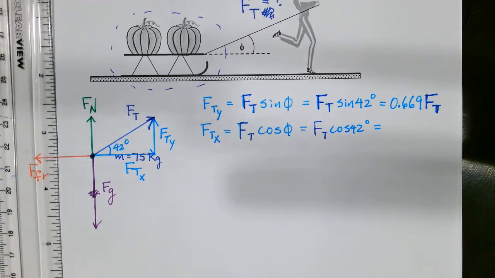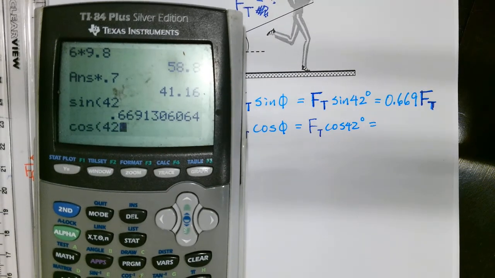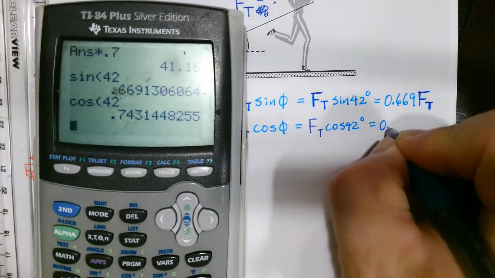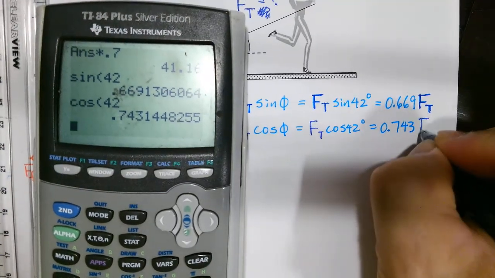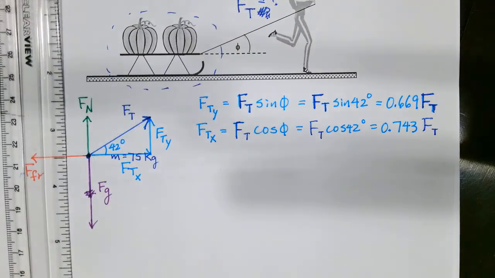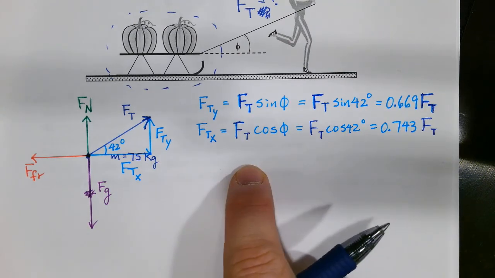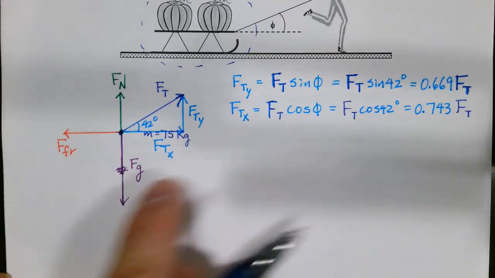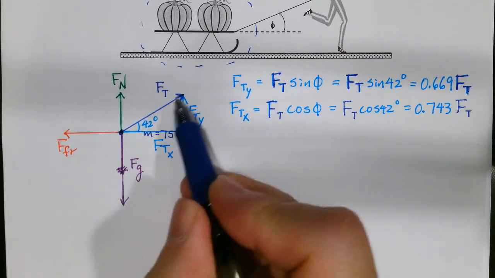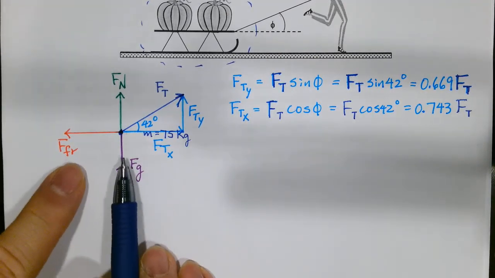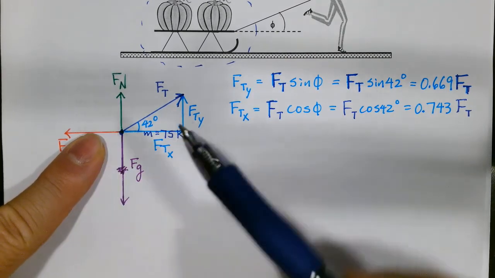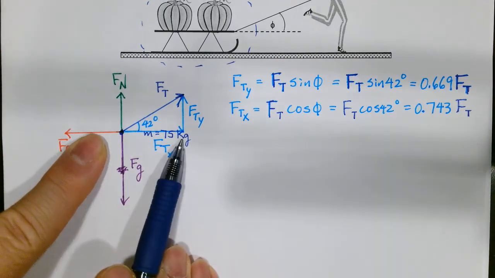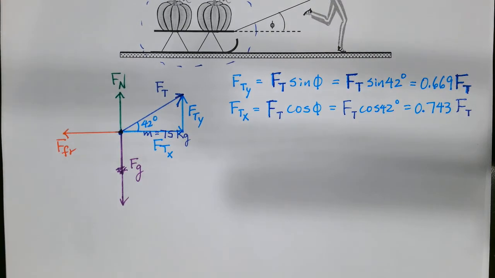So cosine of 42 comes out to 0.743 times the F tension. All right? So now that we have all this, if we were to redraw this without using this F tension, we would have F normal, F tension Y, Fg, F tension X, and friction.